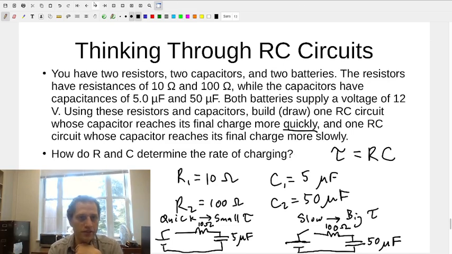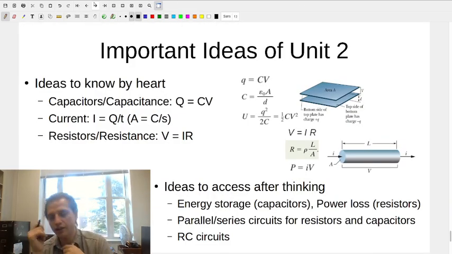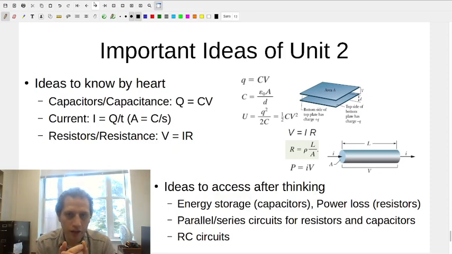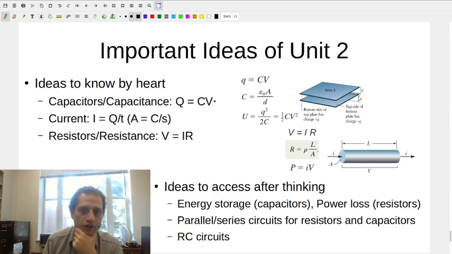Okay, so I realize as this video has gone on, the ideas get a little bit more hairy, but I think that if you work through the review sheet completely and try to get all the answers that I've gotten, you're going to do really well on this test. Remember, you've got to understand capacitors, current, and resistors.